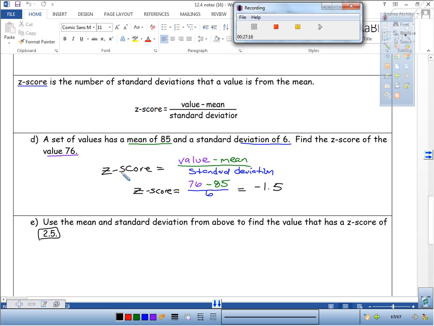The only difference is the z-score is 2.5 this time. It equals, my value is what's my x, is what I'm looking for. So it's x minus the mean of 85, then divided by the standard deviation of 6.